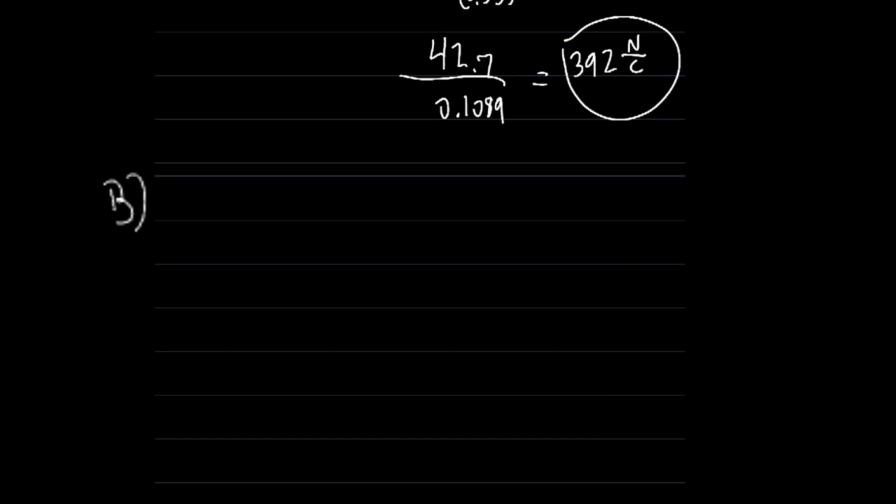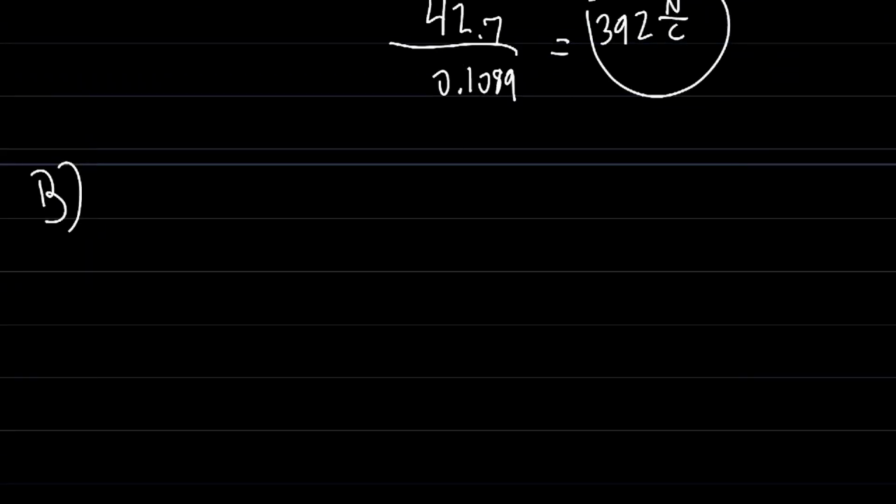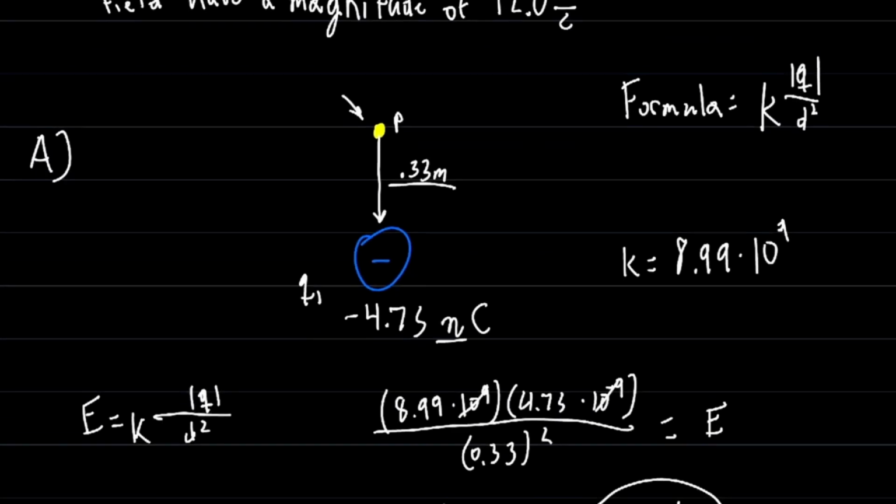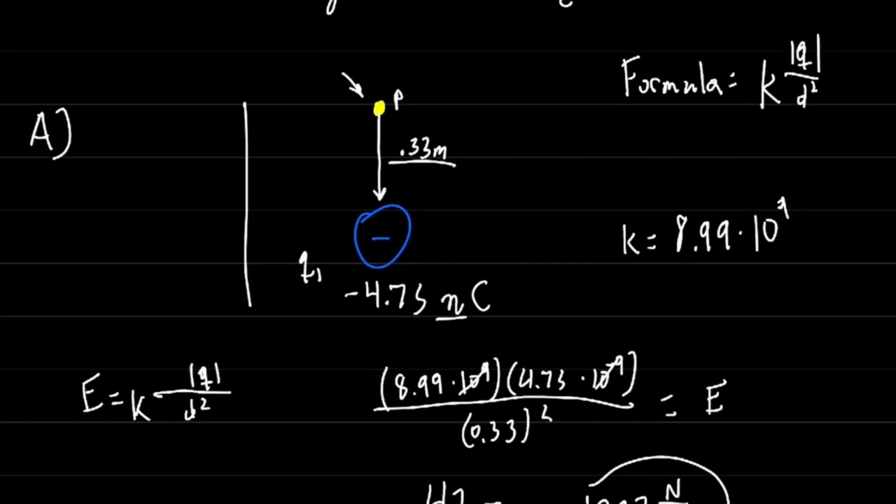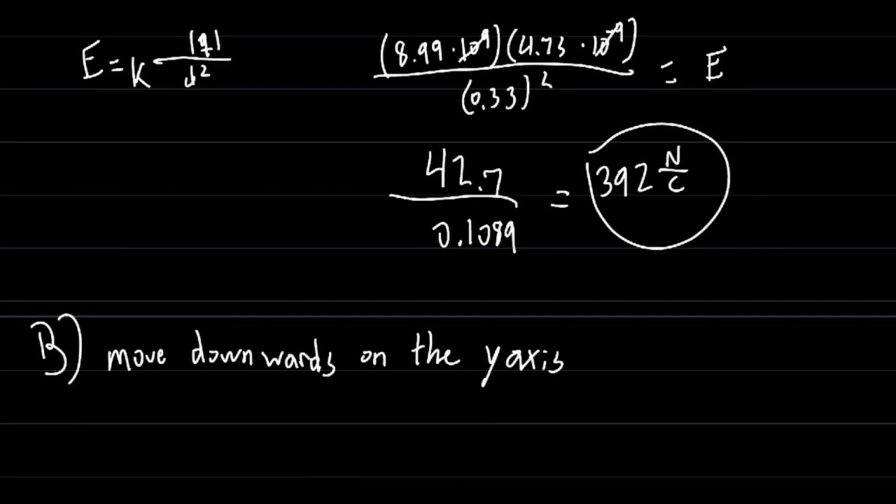So we could say that this test charge would move downwards on the y-axis. It would be going in a negative y direction. If we had a graph here, and we're x and y, it would be moving downwards.